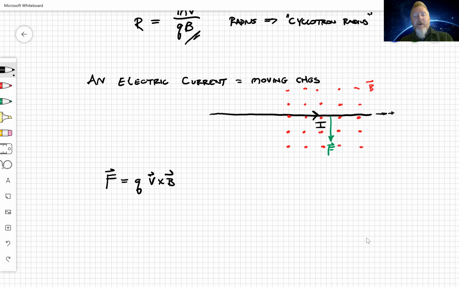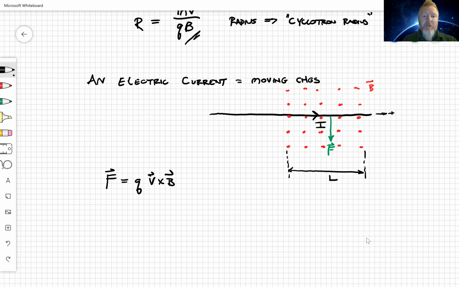So we'll go back to QV cross B. Now, in this case, what I want to think about is how much extent of the magnetic field there was. Let's call that distance L, and I want to think of the charges that are moving past in the wire.